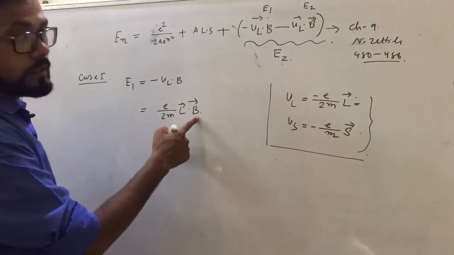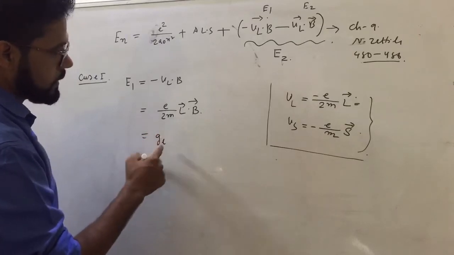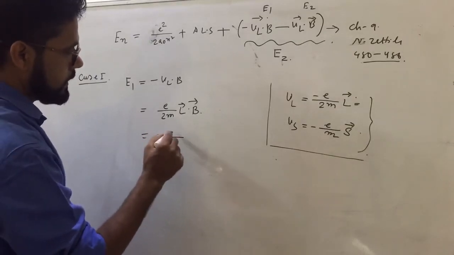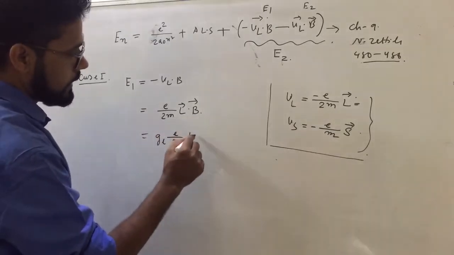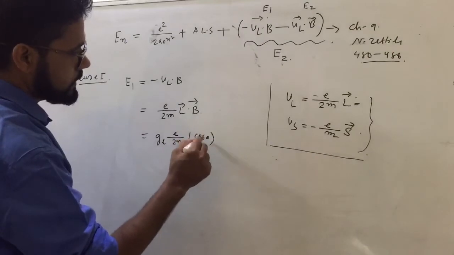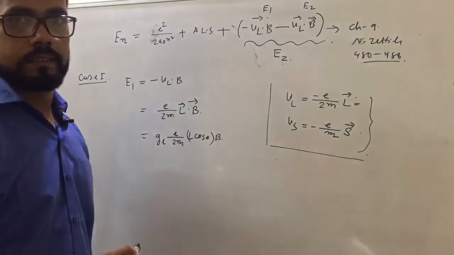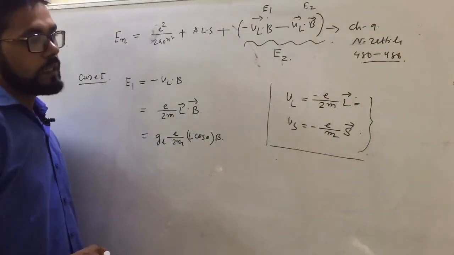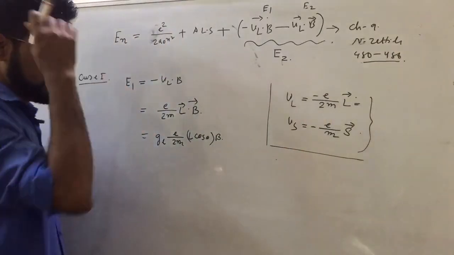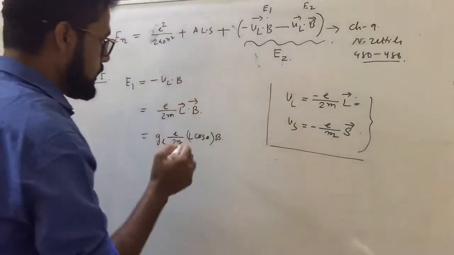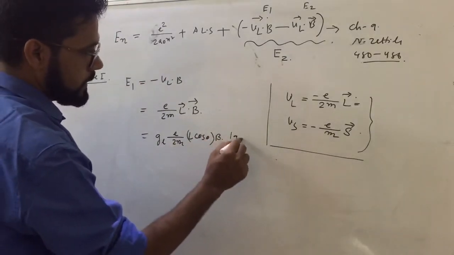So L dot B means L cos theta times B. L cos theta means Lz, the z component of angular momentum. You will find this in quantum mechanics books too, in chapter 4 or 5.